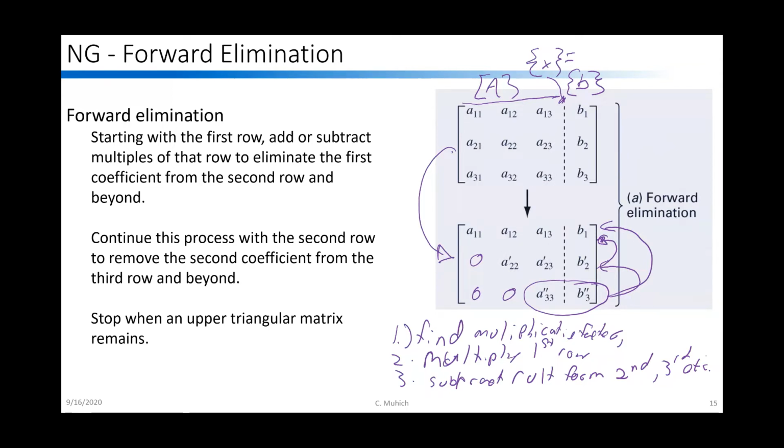Now, I personally think the easiest way to see how to do this is by an example.